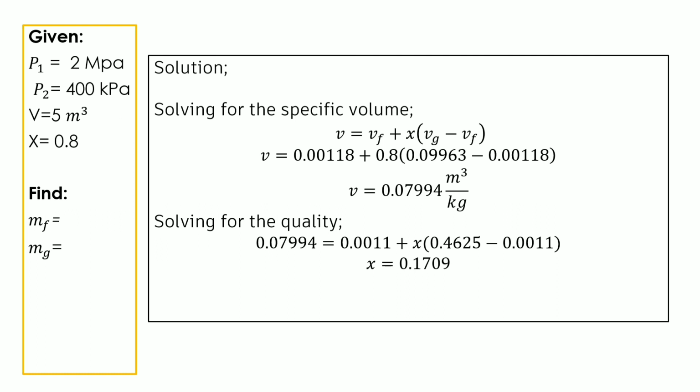We now have the quality x that is 0.1709. So this formula is for finding the quality x. We still, of course, use it for the mass of the vapor and the mass of the liquid here. So it is 0.0011 and 0.4625 for our mass of the vapor.